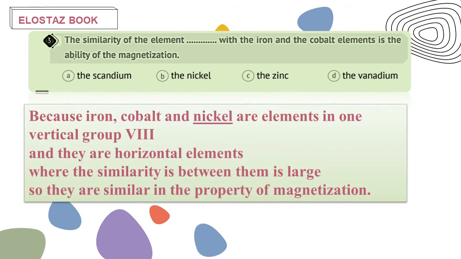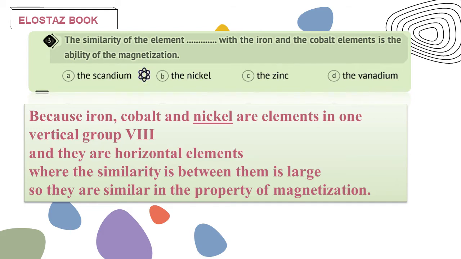Iron, cobalt, and nickel are elements in one vertical group, VIIIB, that we discussed before, and they are horizontal elements whose properties are very similar. So in the property of magnetization they are similar to each other, as they are present in the same group. So the right answer here will be nickel.